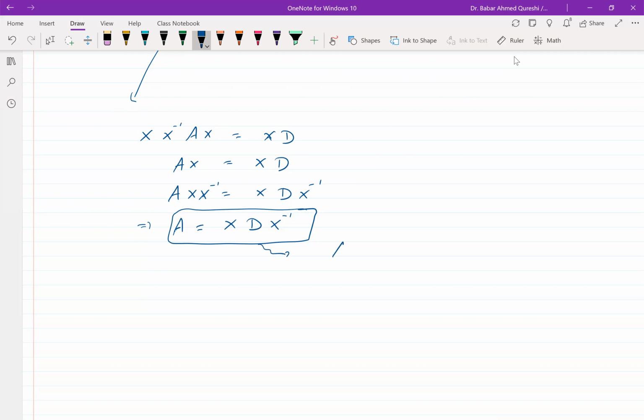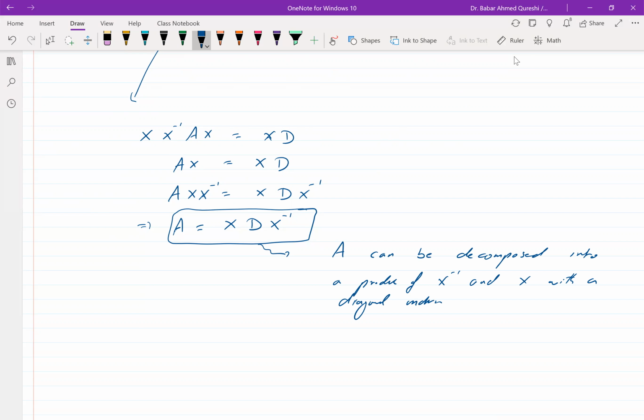You say that A can be decomposed into a product of X, D, and X inverse.